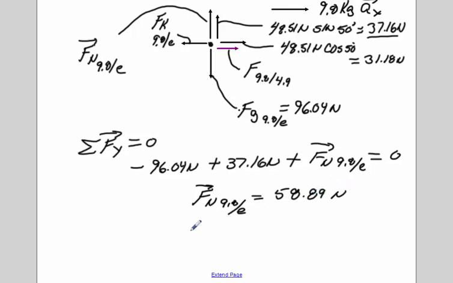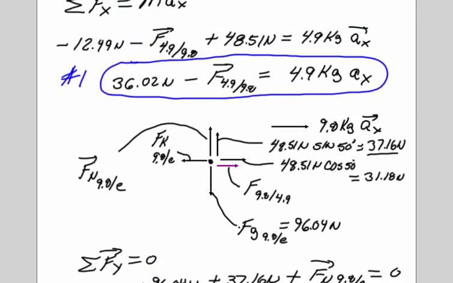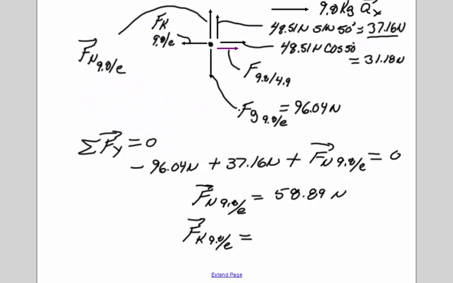Now immediately I will find my kinetic friction like we did before. So my kinetic friction on the 9.8 by the Earth is going to be this value times the coefficient of kinetic friction, which we said was 0.26. I'll multiply this value times 0.26. That's going to give me a value of 15.3114 newtons. I'll just make it 15.31 newtons.